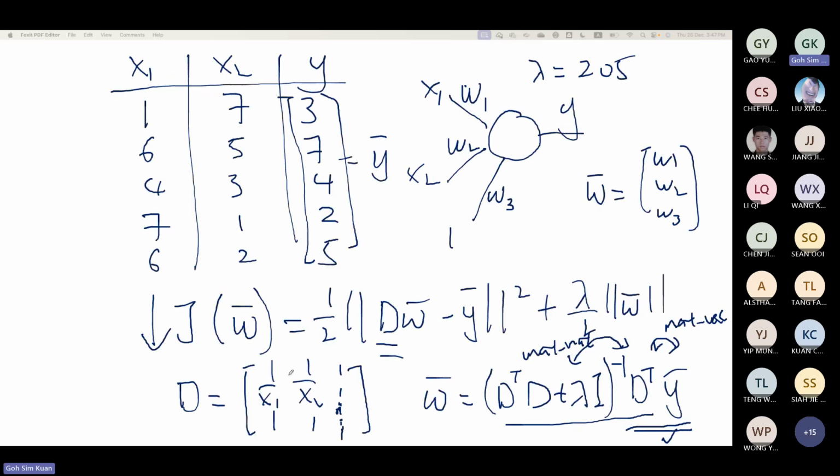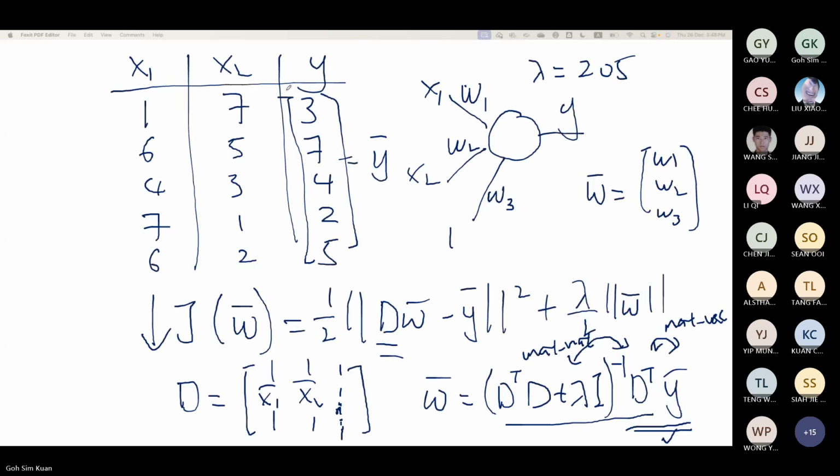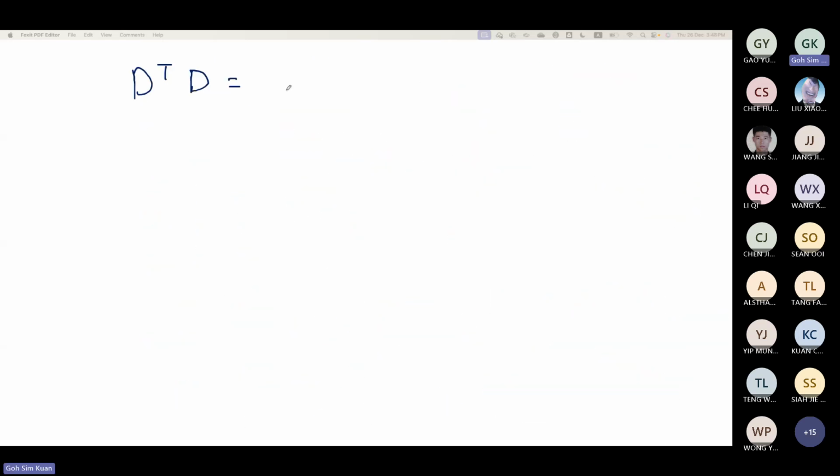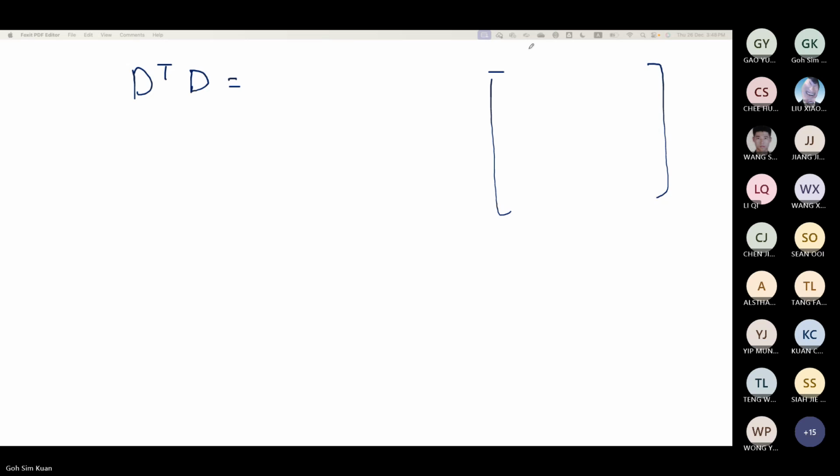So let's say we copy this thing right here: 6, 5, 4, 3, 7, 1, 6, 2, with columns of 1.